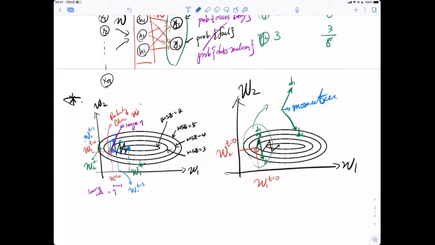For example, for W1, originally it moves to the next W1 by using W minus eta, the learning rate, times the direction. But with the momentum, I can move even more than the original gradient descent, so that I can move faster. So I can have fewer rounds to find the optimum.